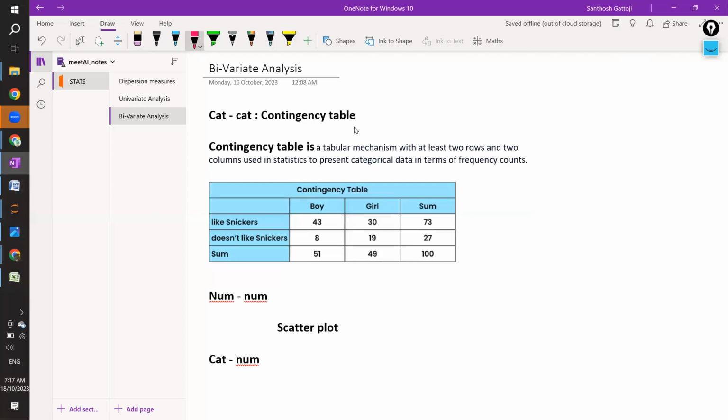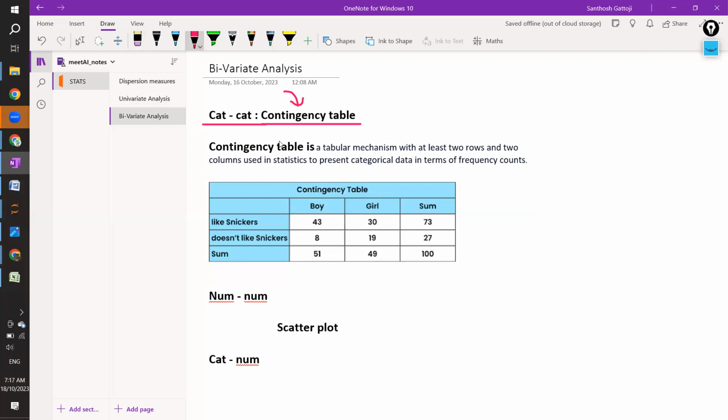Coming back, the first type is categorical and categorical. To understand this type of data, you can use something called a contingency table, guys. The concept is not as hard as the pronunciation. It's very simple.